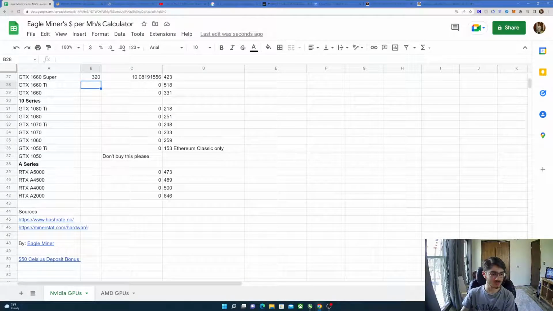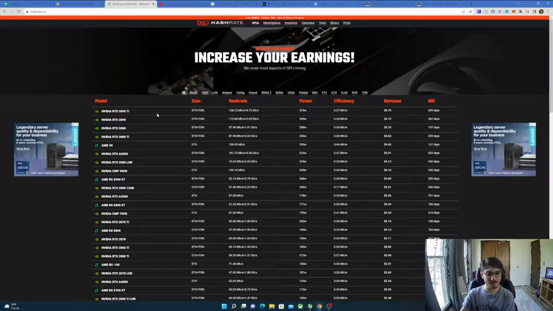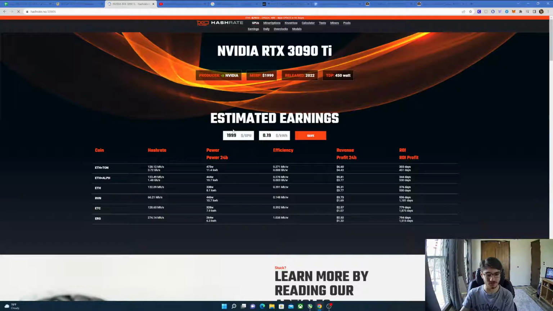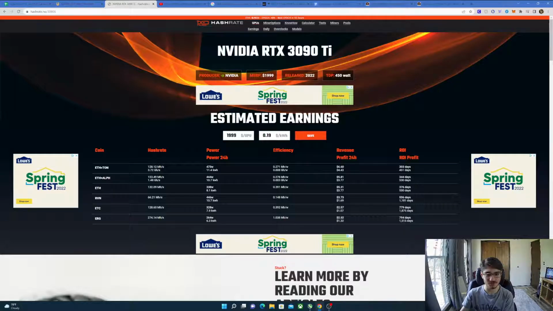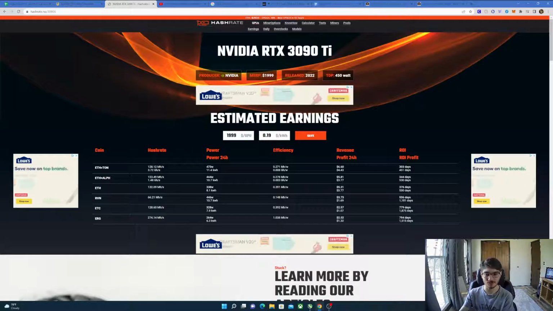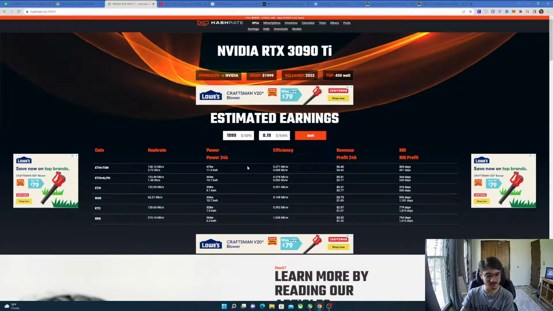And then the sources that I used: hashrate.no, this website right here, will tell you some information. Let's just go to 3090 Ti for example. It'll tell you the MSRP of the GPU. It will tell you how much max electricity it can use. It'll tell you the profitability on the day.